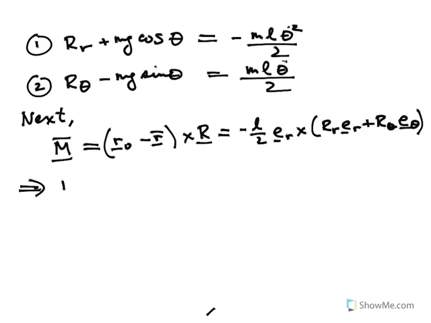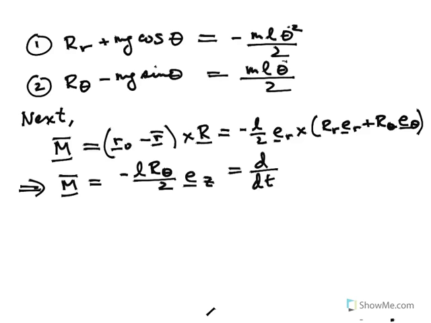So this gives that the moment relative to the center of mass is equal to minus L R sub theta all divided by 2 EZ. ER crossed with ER is 0, ER crossed with E theta is EZ. And that has to equal the rate of change in the ground of the angular momentum relative to the ground, which we already computed to be ml squared over 12 theta double dot EZ.